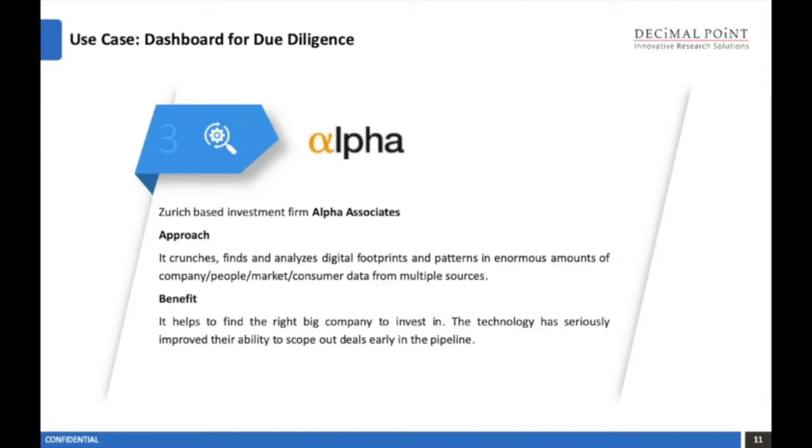In order to do that, they ingest data from multiple sources, and those sources could include input on company profile, market potential, consumer trends, and consumer reviews on products, etc.